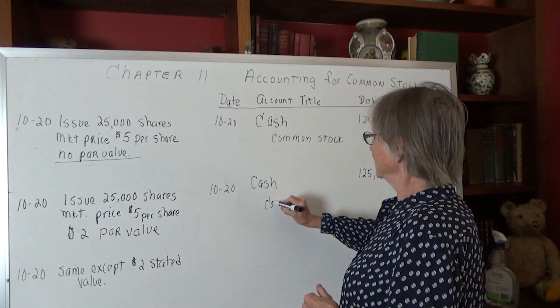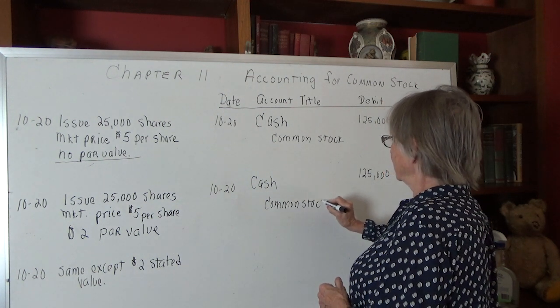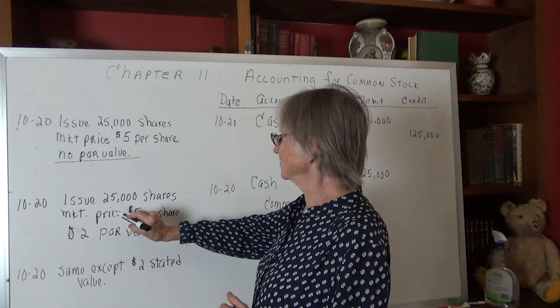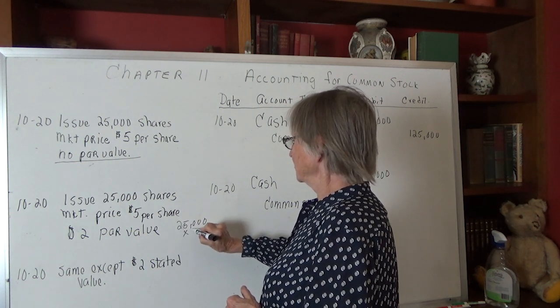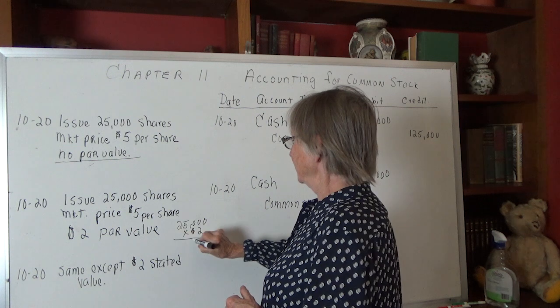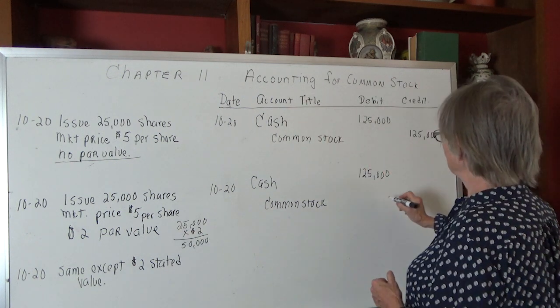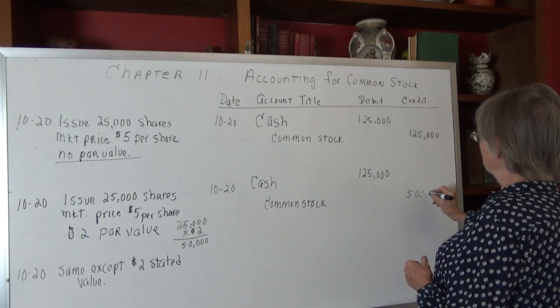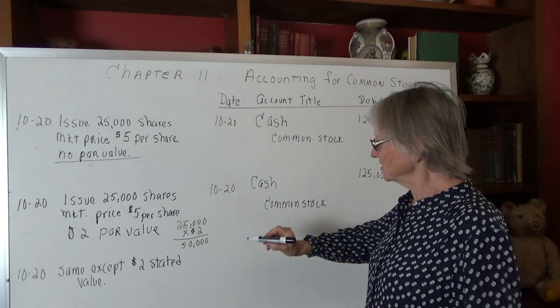So common stock in this case is going to be those 25,000 shares that we issued times the $2 par, and that's the amount that we can call common stock, okay, so we're going to have 50,000 of common stock, and then the rest is going to be paid in capital.